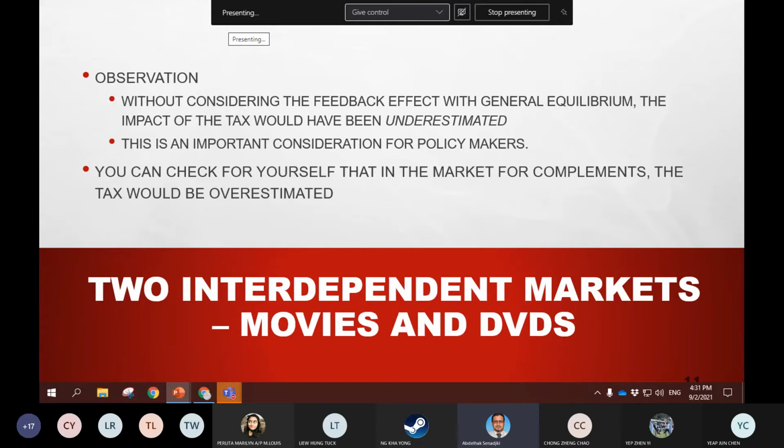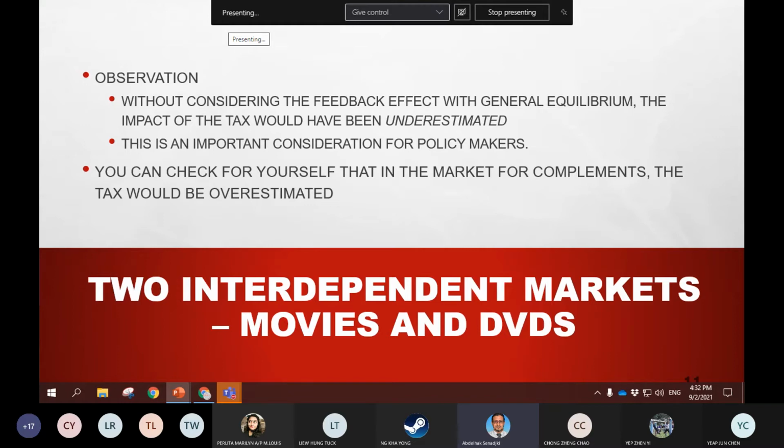But if we don't do the general equilibrium analysis, we do not think that a $1 tax on theater tickets would really increase the price of DVD rental. So this is an important consideration for policymakers, to see how dangerous it is when you, for example, impose a tax and you don't consider other market impacts.